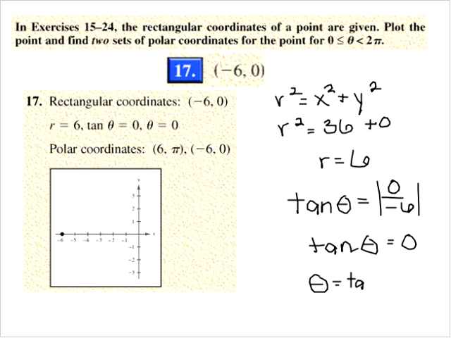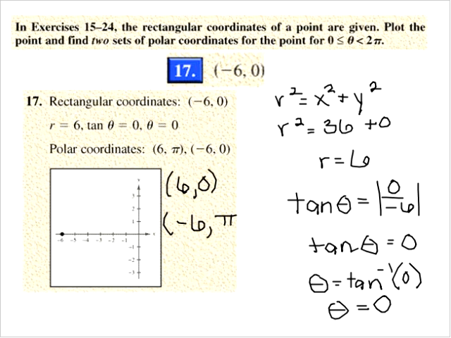So tangent inverse of 0 is in fact 0. Okay, so for the polar coordinates, we can have (6, 0). There's one of our points, okay? Or we can take the opposite of r, and we can add pi to it.